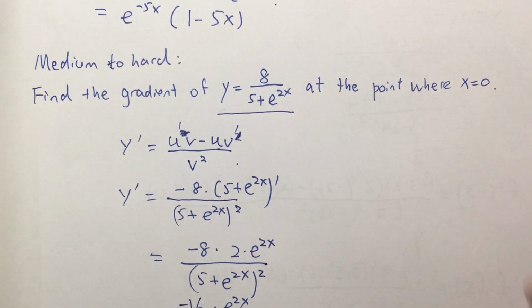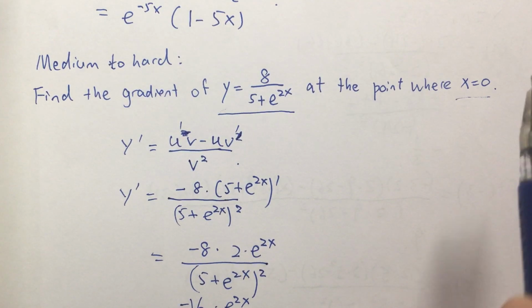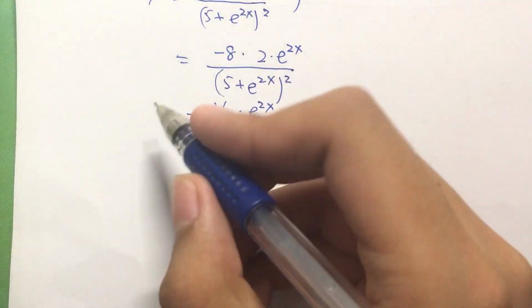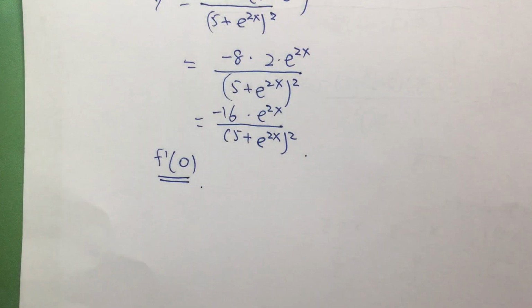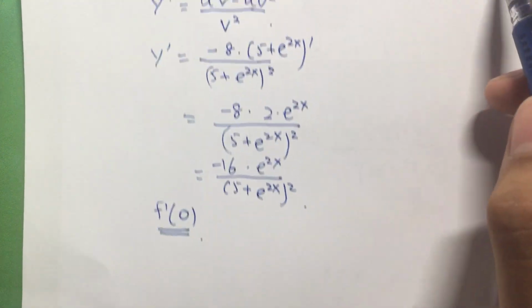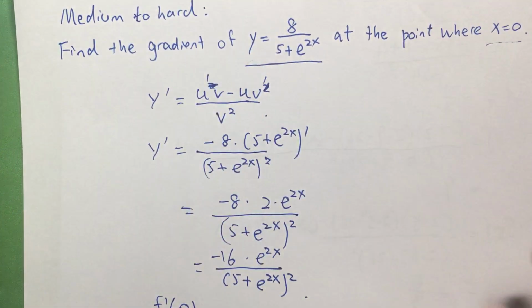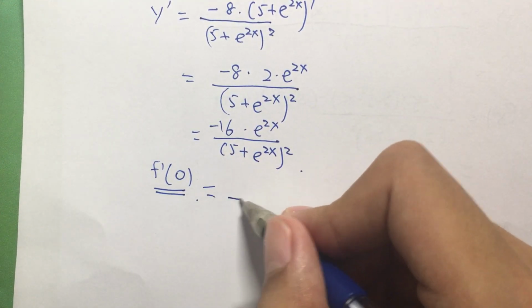However, what the question is asking is to find the gradient at the point where x is equal to 0. This means we need to find f dash 0, because this just means at the point x equals 0, what is the gradient of y? Let's substitute x.